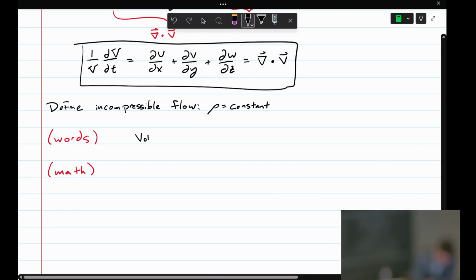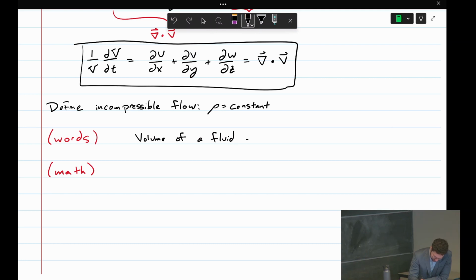Volume of a fluid element does not change. Since the mass of a fluid element doesn't change by conservation of mass, the volume can't change.